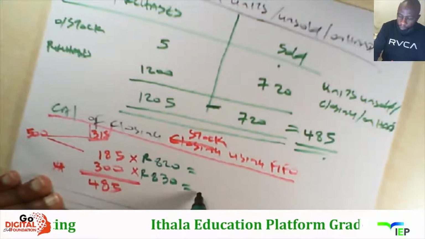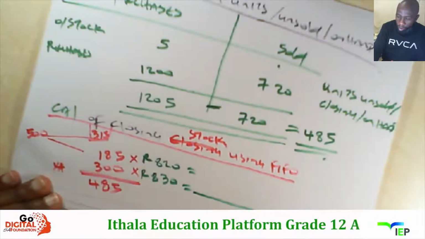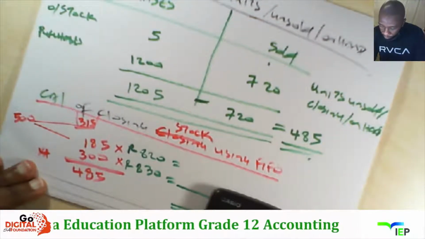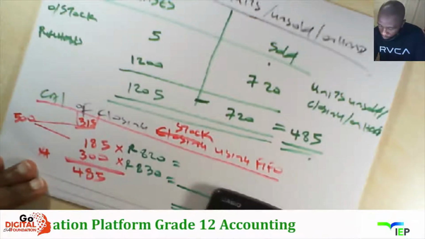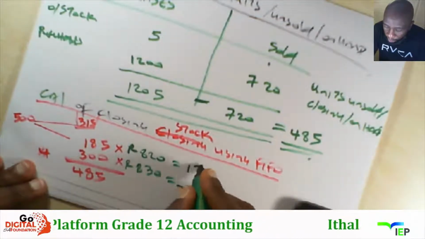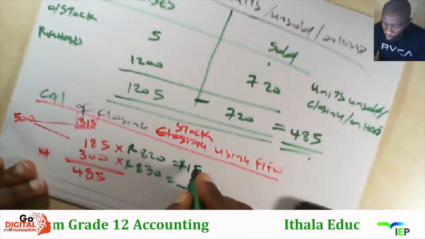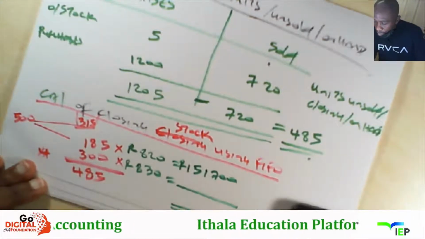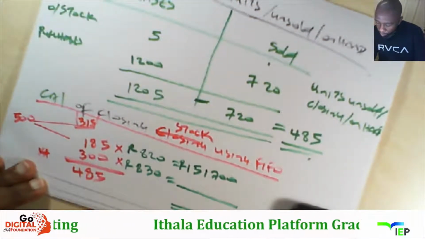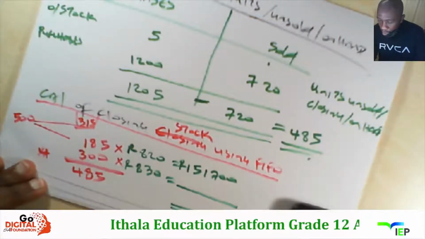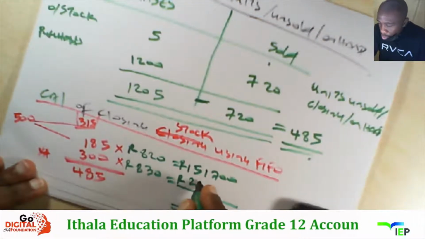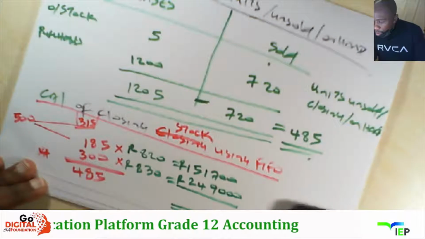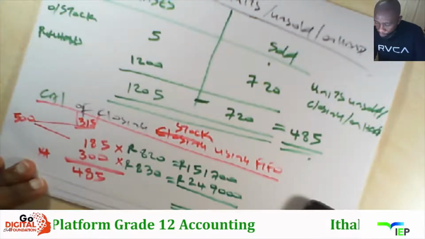So now you have to say 185 times 820, which gives you 151,700. 300 times 830 is 249,000.